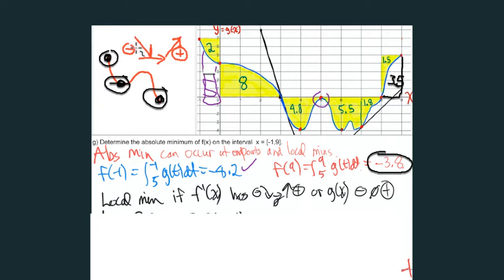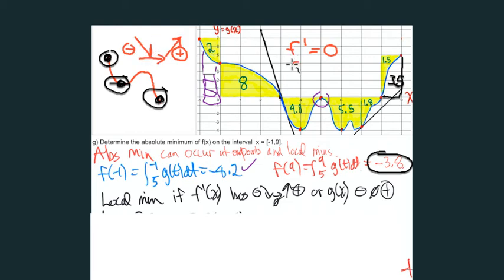If it decreases, goes horizontal, and increases. Let's see if we can look at this graph and find that location. Remembering that this graph, folks, f prime, we're looking for when f prime equals 0, and especially when f prime goes from negative to 0 to positive.